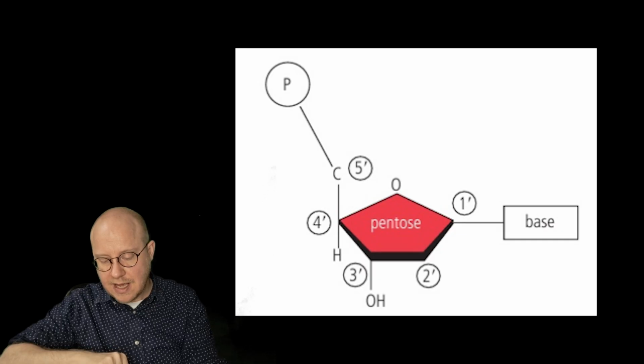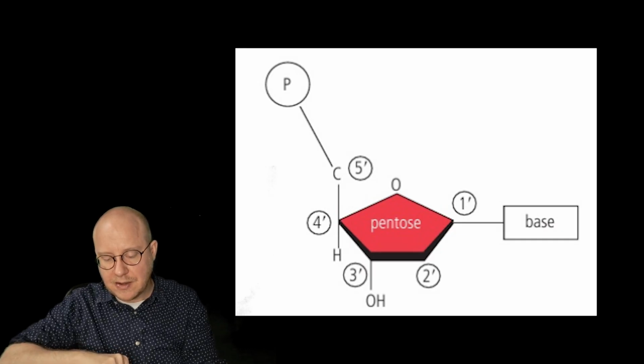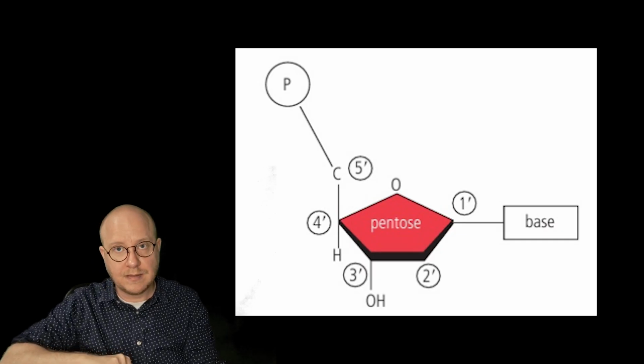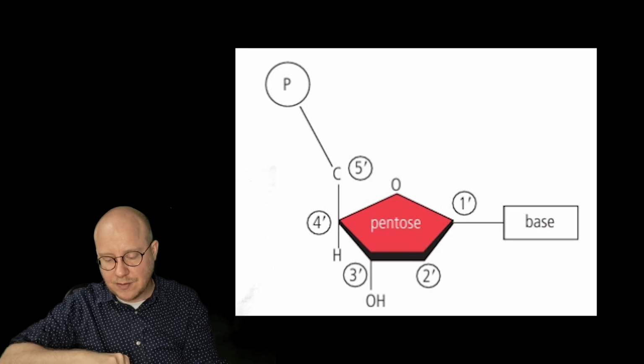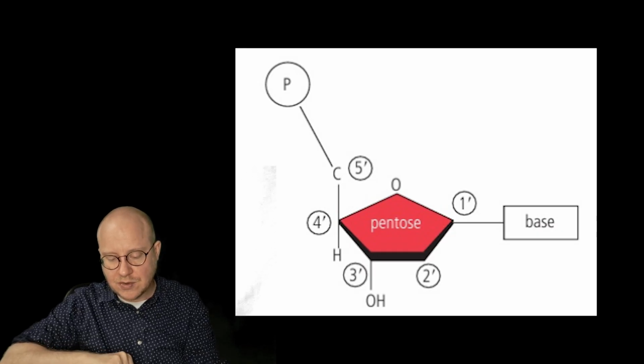So here in Figure 9, a DNA nucleotide is composed of a molecule of deoxyribose, pentose, with a phosphate group attached to the 5' carbon and a nitrogenous base attached to the 1' carbon. Notice the hydroxyl, the OH there, attached to the 3' carbon.